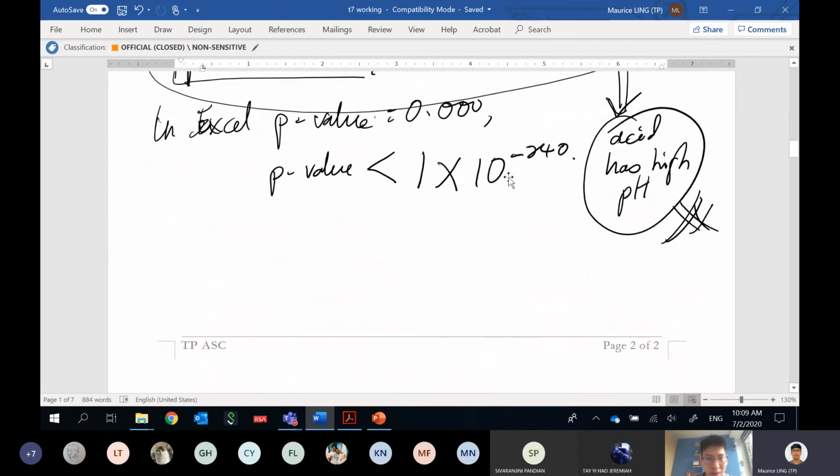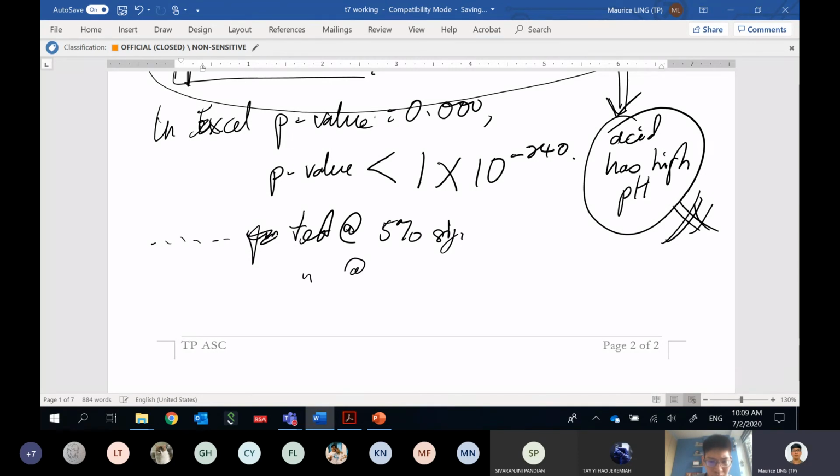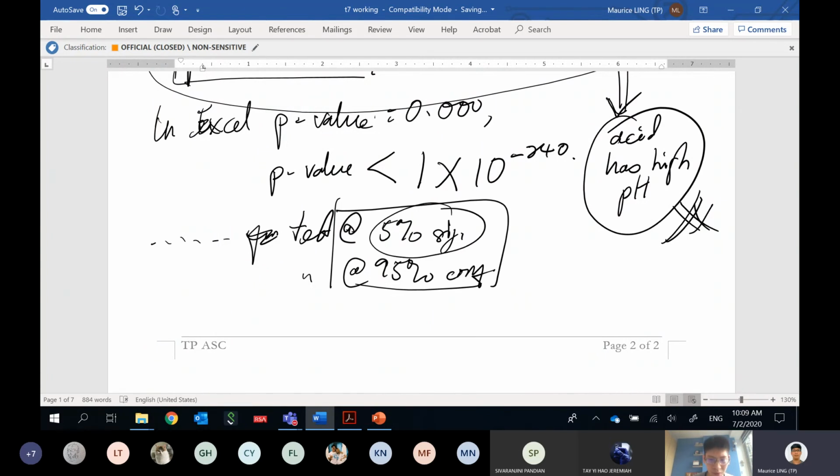Okay? Because if you look at previous questions, sometimes certain questions ask you to test at 5% significance level. Sometimes certain questions ask you to test at 95% significance level or 95% confidence. These two actually mean the same thing, but it is very easy to mistake the significance part. It is a classical problem.